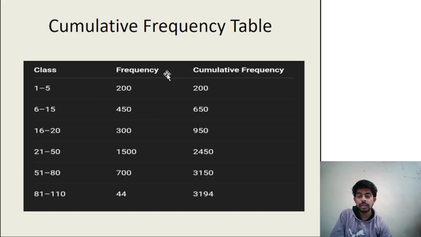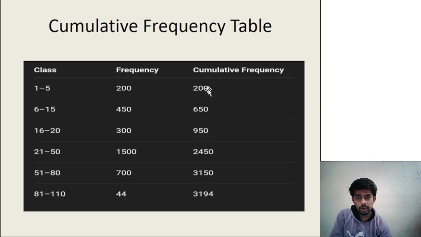let's make the cumulative frequency table for understanding our median class. For constructing a cumulative frequency table, we add the current frequency to the previous cumulative frequency. Let's see how it happens. Our first cumulative frequency is 200.